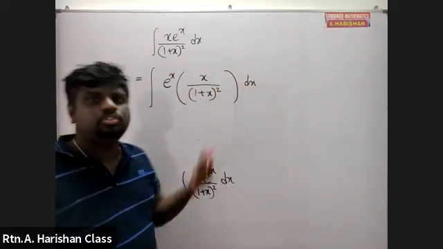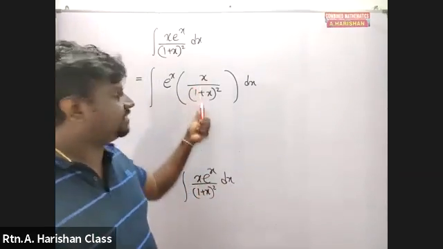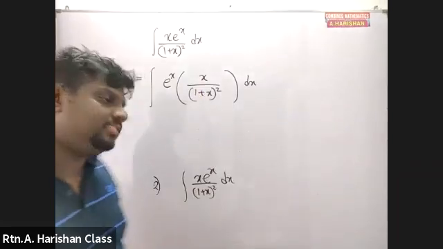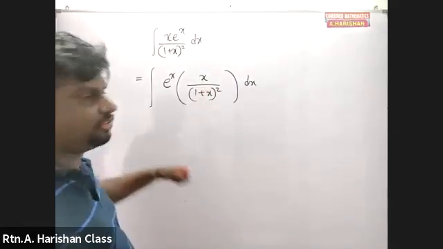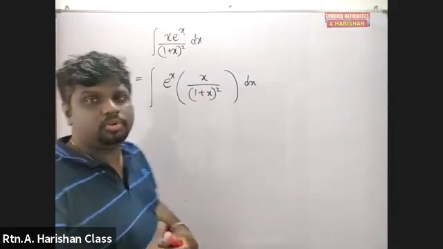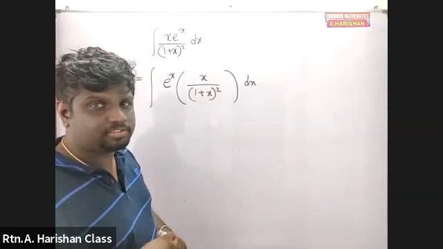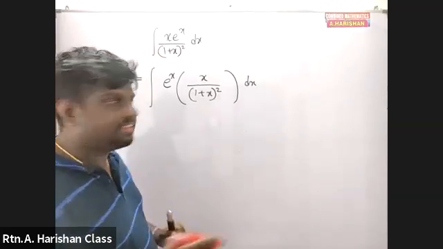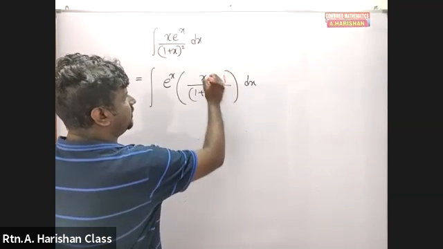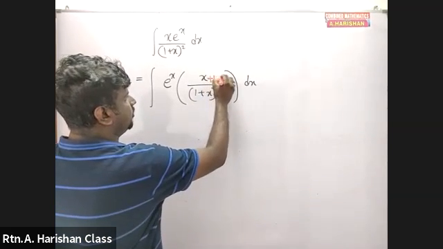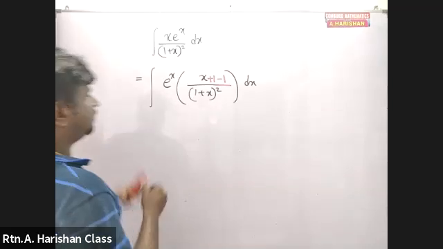So what I can do, you can write this as a partial fraction, by putting a over 1 plus x plus b over 1 plus x squared. You can do that, but other than that, there is an easy method. You add 1 and subtract 1.